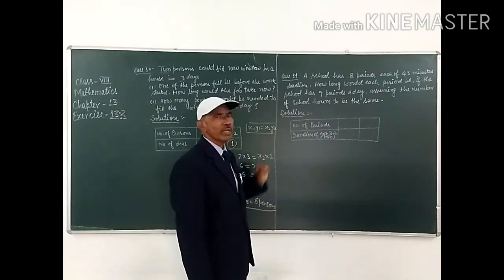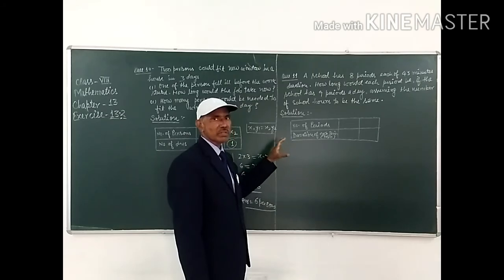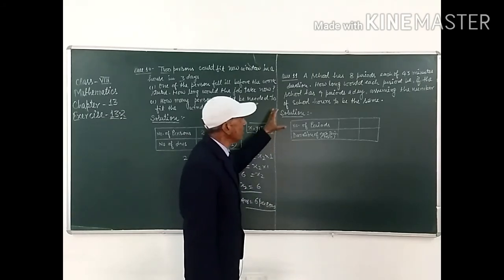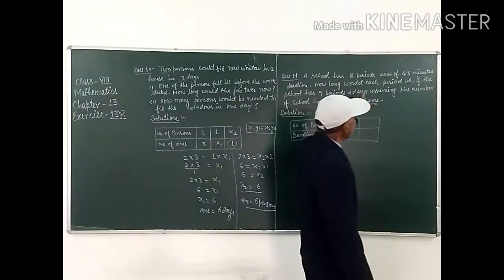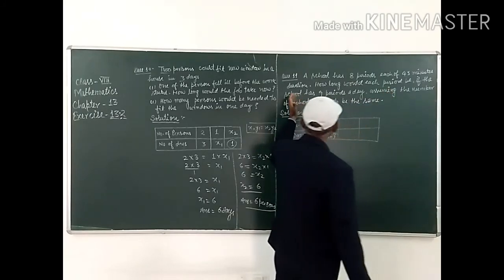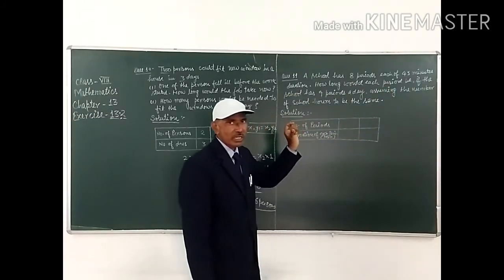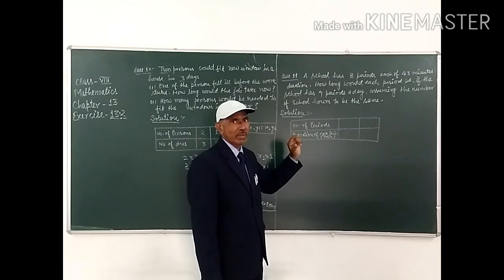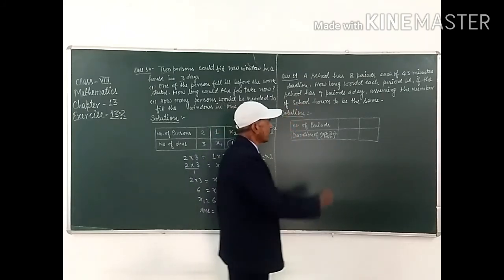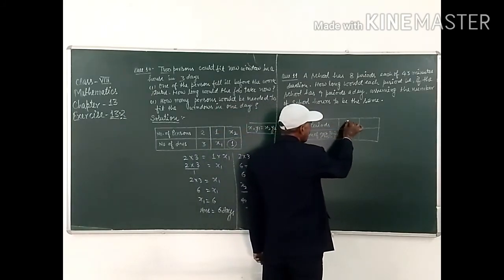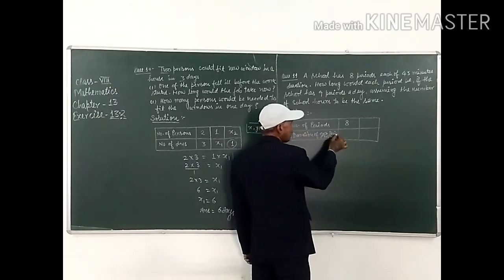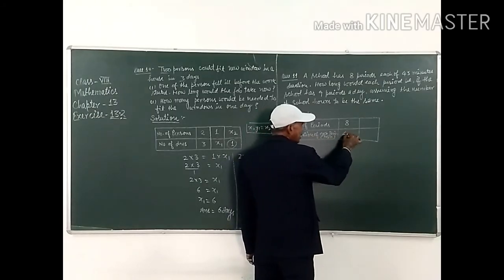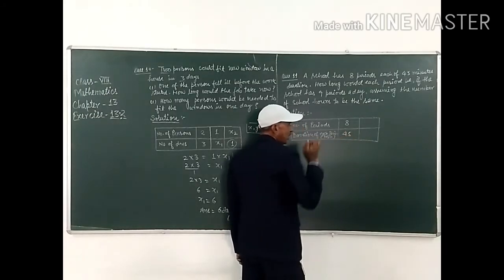Now, this is question number 11, students, and this is the last question of this exercise. In this, a school has 8 periods, each of 45 minutes duration. The duration of each period is 45 minutes, and there are 8 periods. So the number of periods is 8, and the duration of each period is 45 minutes.